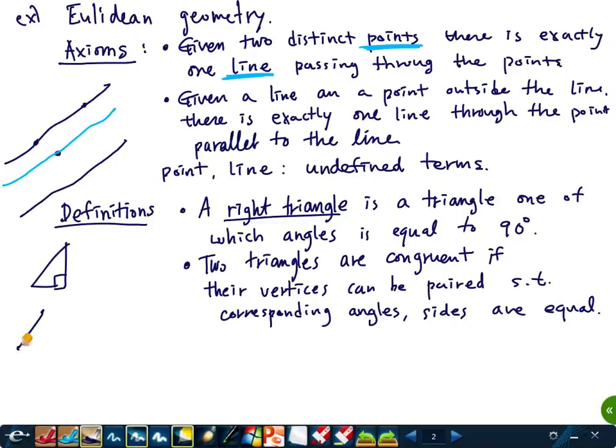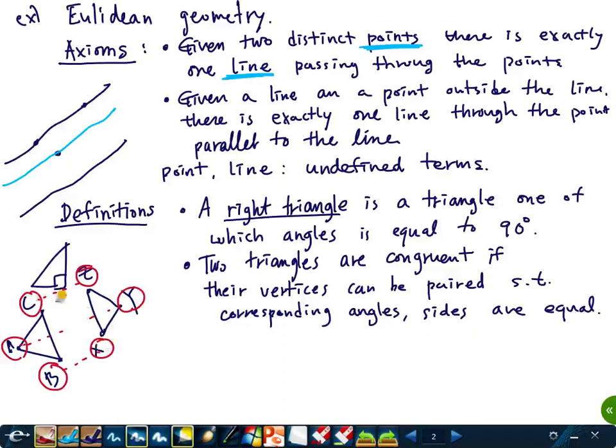So like, I don't know. Suppose we have A, B, C, X, Y, Z. Then we can pair, meaning you give a kind of one-to-one correspondence between the vertices. So okay, A matches with Y, say C matches with Z. So we can pair this like so.